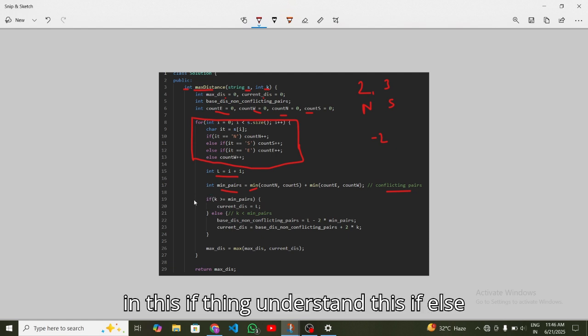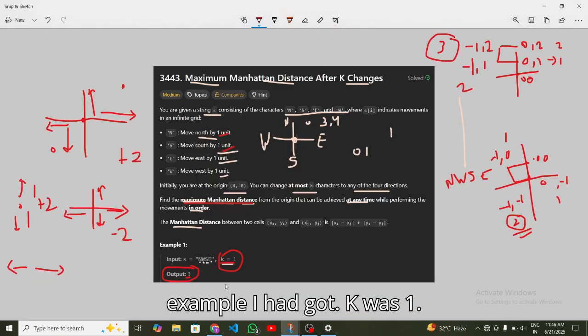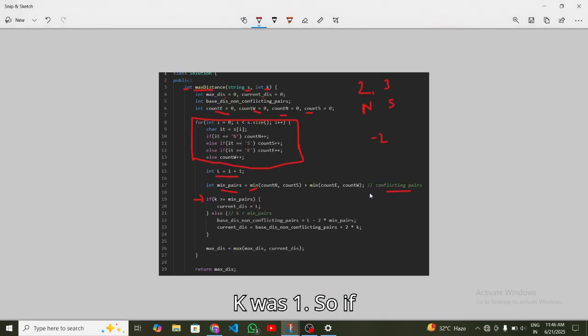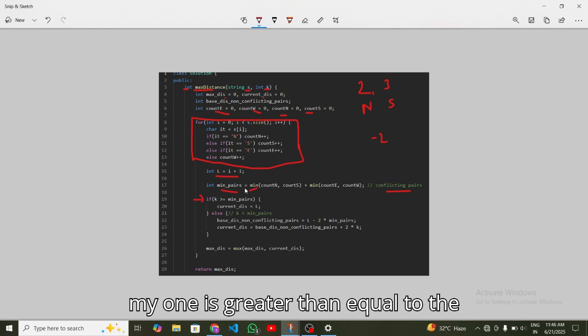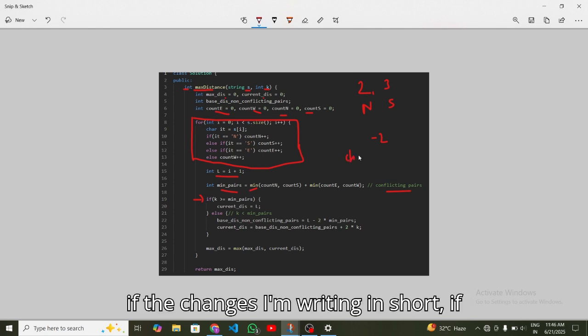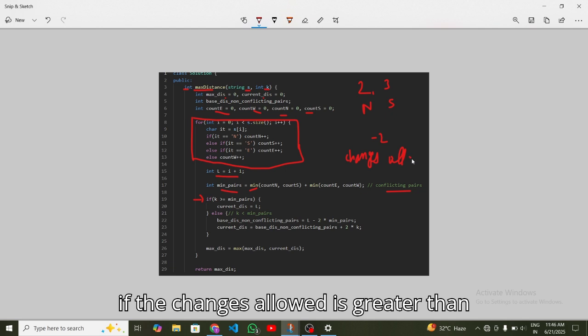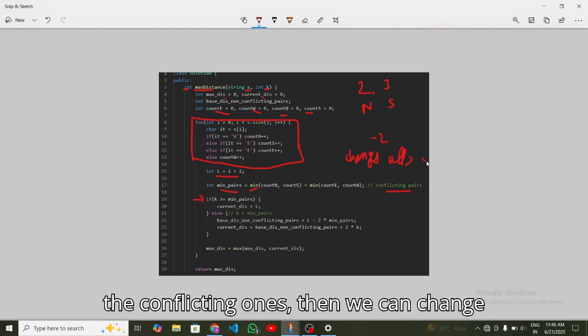Now, in this if thing, understand this if else part. Initially, in the first example, K was 1. So, if my 1 is greater than or equal to the minimum pairs, I'm writing in short, if the changes allowed is greater than the conflicting ones, then we can change all the conflicting pairs.